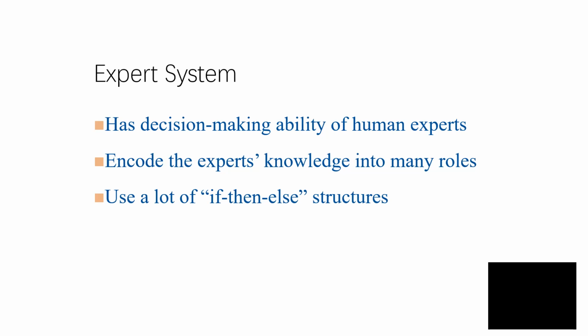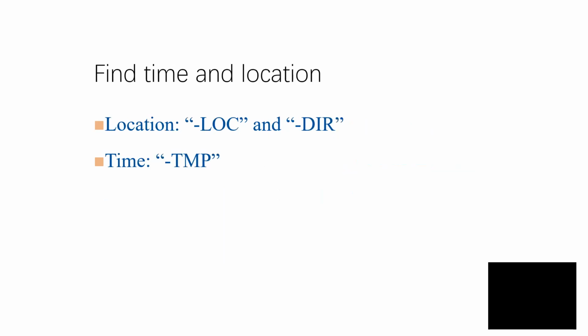So it uses a lot of if, then, else structures, and it wants to see which rule can be applied to the current situation. After we find this rule, we can do the following processing that is related to the rules.